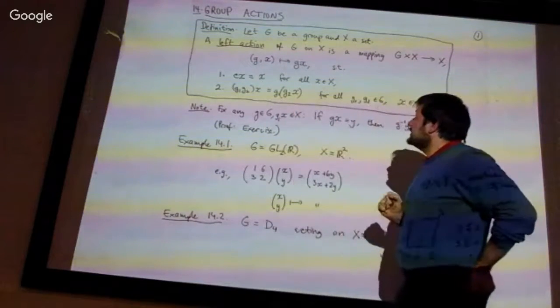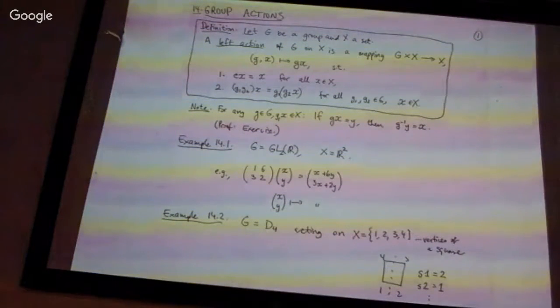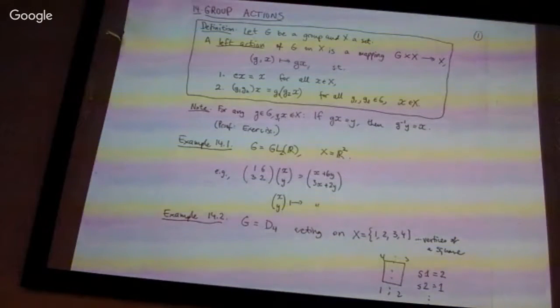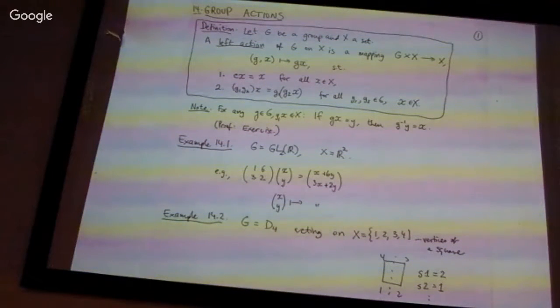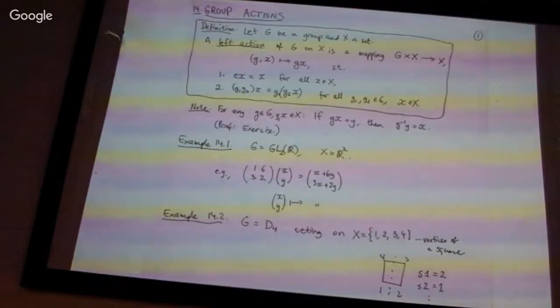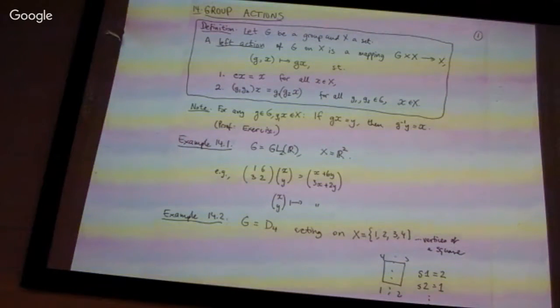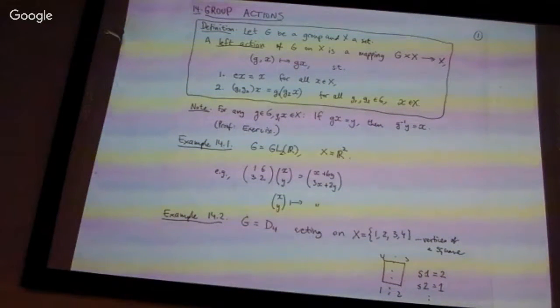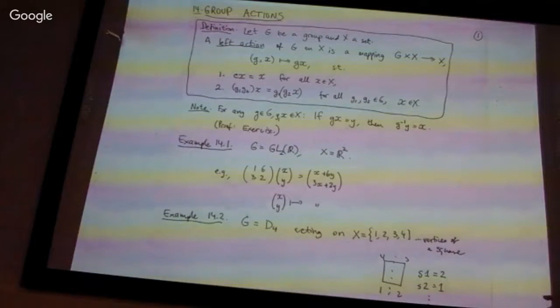That's another way. You need both ways, so it's a different point of view. And then how these things compose: for every fixed g, you get a mapping, and these mappings compose in exactly the same way as the elements of the group. So that's the idea of a group action.